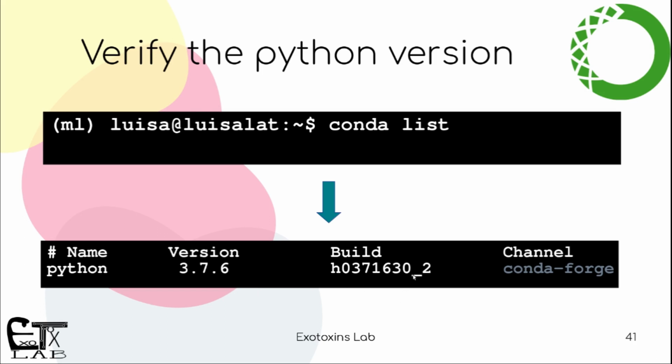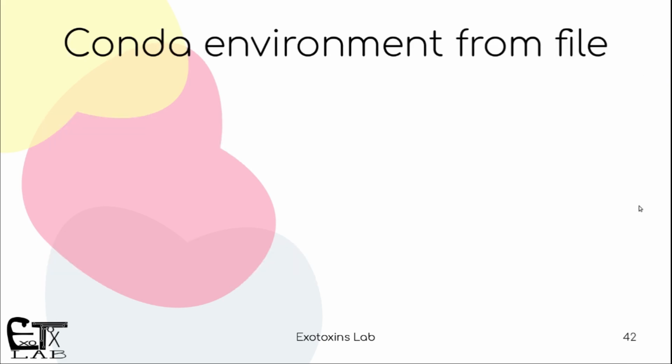Then the build, which has a specific number for each of them, and the channel. Usually the channel is the place where it downloaded the program from. Sometimes it comes with the name, sometimes it does not. In this case, I just put an example of conda-forge, which is one of the places where most of the downloads take place. Good. So we have created our own environment from scratch.